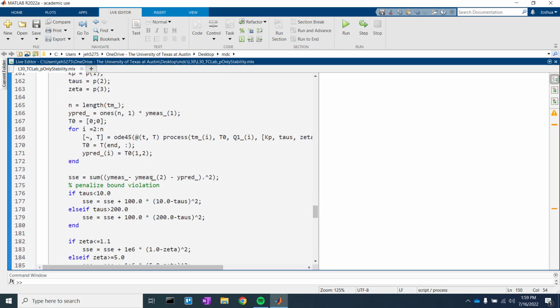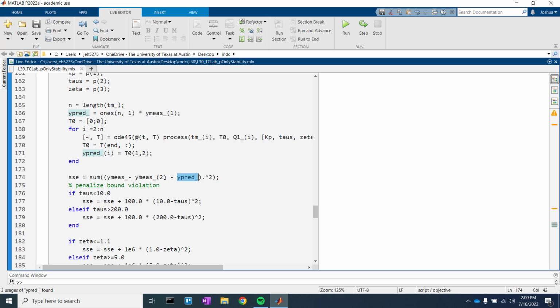But we want to do that because when we look at this sum squared of error, we want to make sure that our y measured, and right here I have my y measured too, is a stable temperature again. Our y predicted is going to be in the form of a deviation variable, so it's going to be a delta from the current temperature. We do this so that our variables are similar.